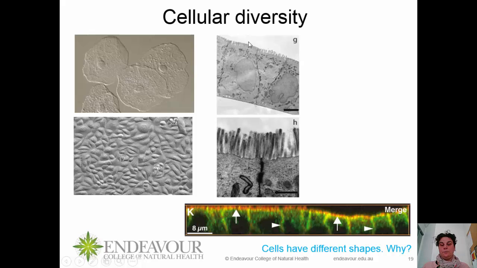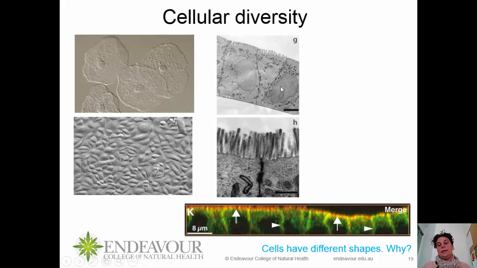You have the nucleus here, and you have this border here that we call the brush border. And you can see that brush border, when you zoom in, is almost like little protrusions, I guess, that are coming from the top of the cell. So this here is one cell, and this is the brush border, and you're looking at it from the side. So this is our nucleus, one cell with the brush border, and this is the brush border the way it looks when it's completely zoomed in.